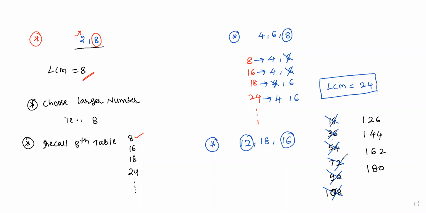Then is 144 divisible by 16 or not? No. Is 162 divisible by 16? No. Is 180 divisible by 16? No. See, this method at one situation becomes very complicated.